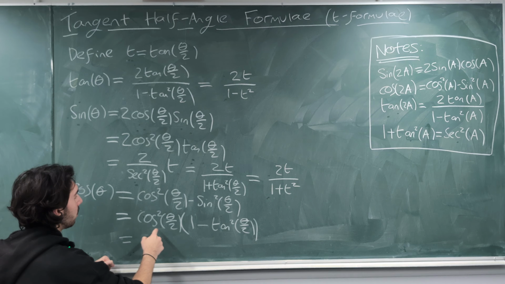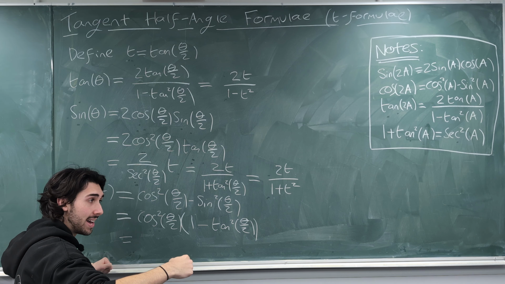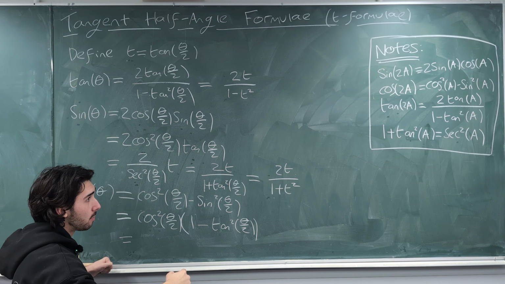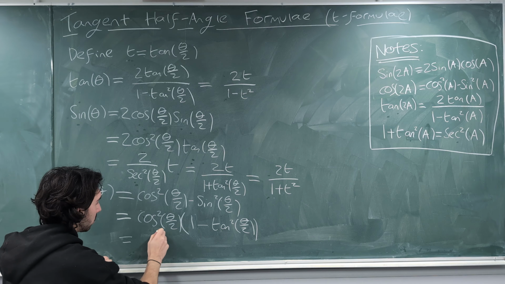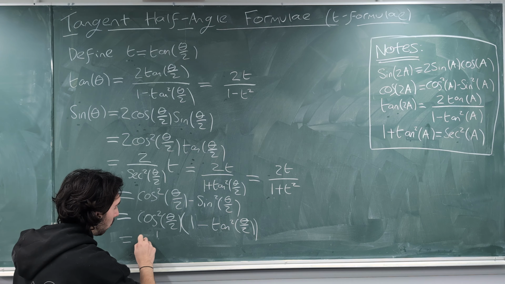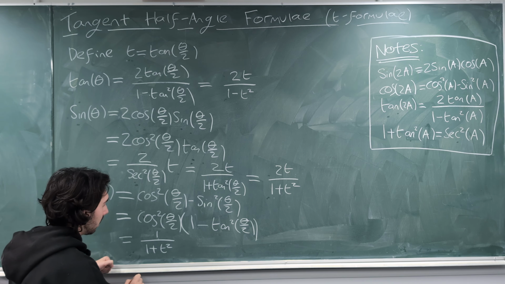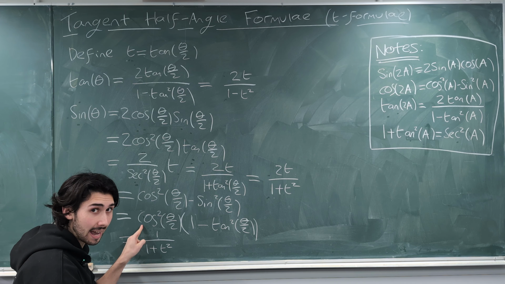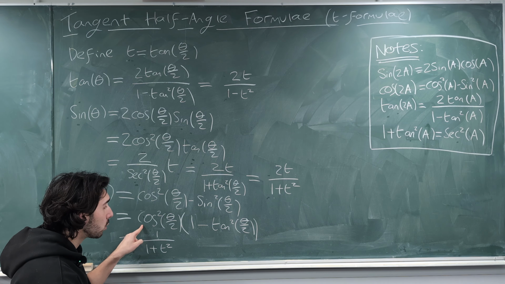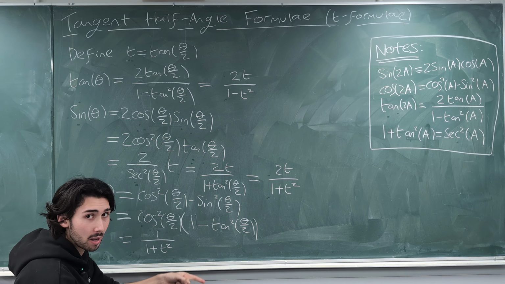Now we already know that cos squared theta over 2 is 1 over sec squared theta over 2. But we already said that sec squared was 1 plus tan squared. So hopefully I'm not going too quickly, but cos squared theta over 2, I'm going to write that as 1 over 1 plus t squared, okay? Because just to be clear how I've done that, cos squared is 1 over sec squared, so it's also 1 over 1 plus tan squared, because sec squared is 1 plus tan squared.